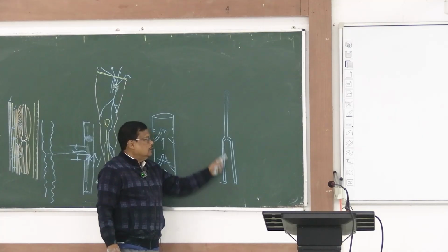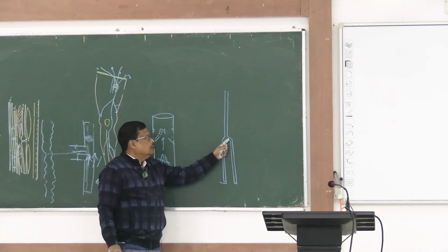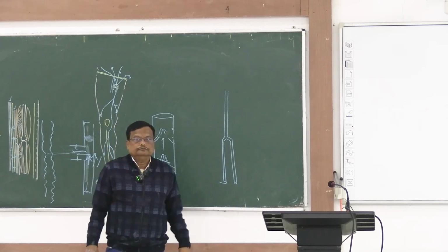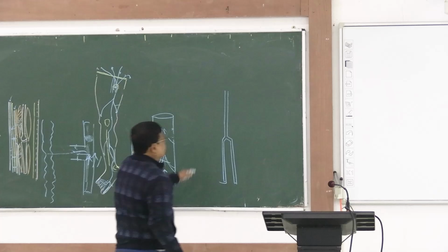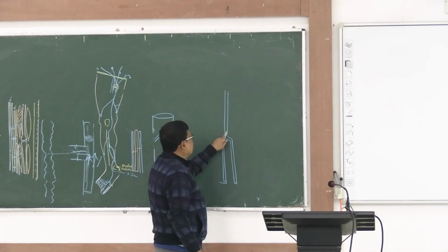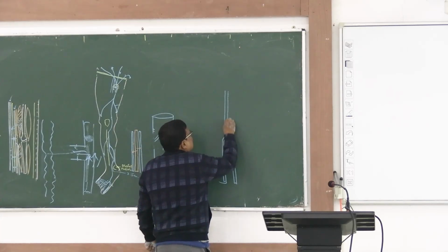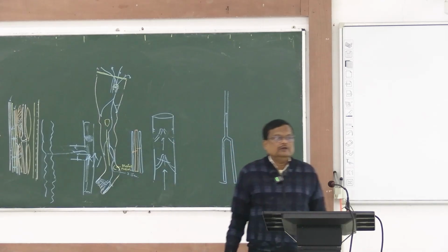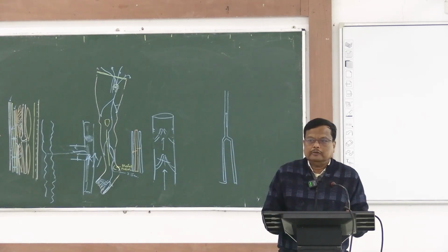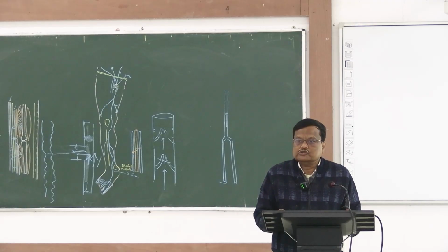Anterior tibial vein and posterior tibial vein join to form the popliteal vein. Popliteal vein ultimately continues as the femoral vein, which ultimately continues as the external iliac vein, and ultimately goes to the inferior vena cava. So these are the deep veins.